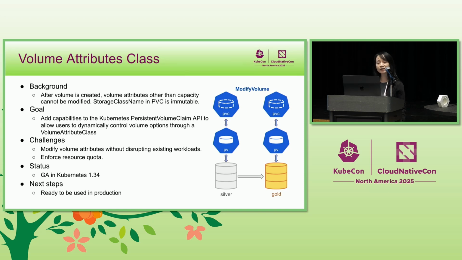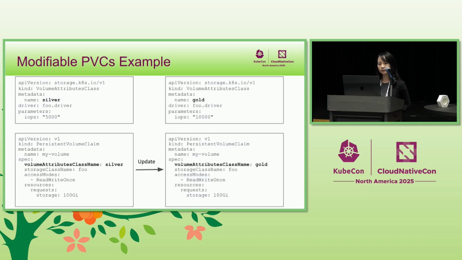With volume attributes class, we can also define parameters for dynamic provisioning. And after the volume is provisioned, you can modify those parameters. Here we have two volume attributes classes, silver and gold. In the PVC spec, you specify the volume attributes class name.